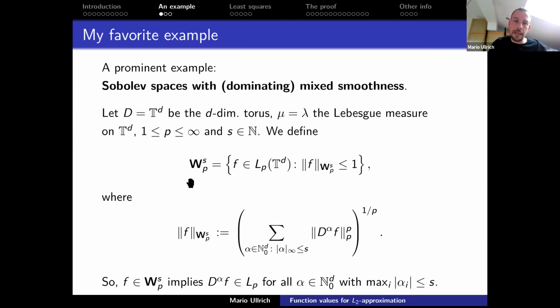Now we take the class W_p^s of all L_p functions such that this norm here is smaller than 1, so it's the unit ball in the Sobolev space. Here all derivatives up to mixed order s come into play, and you take the L_p norms. The class W_1^p is the one that's very much related to discrepancy.